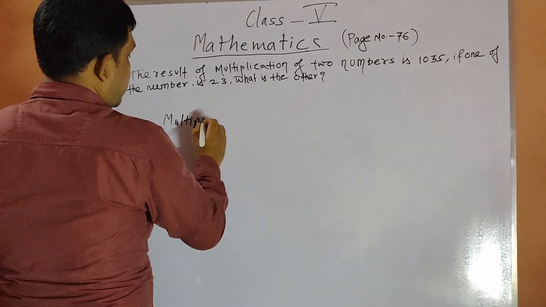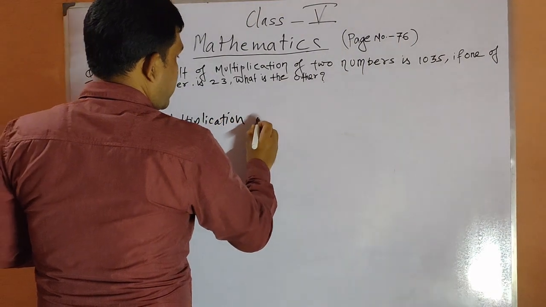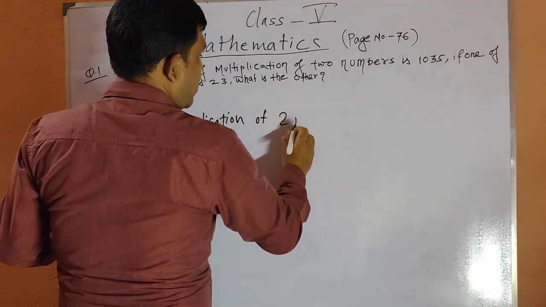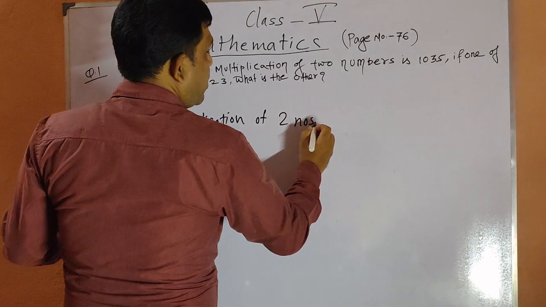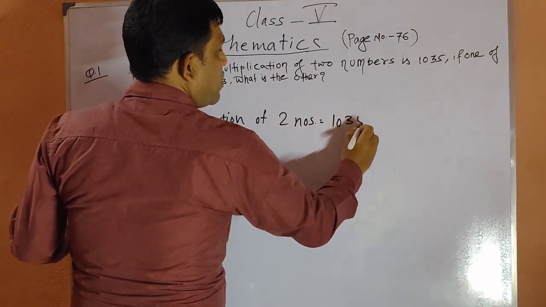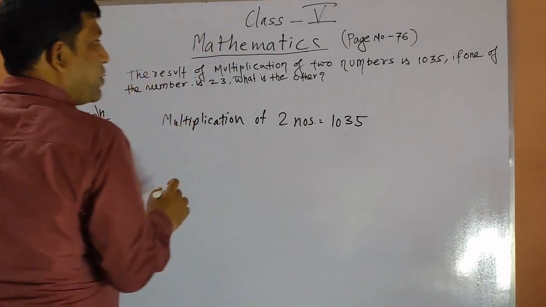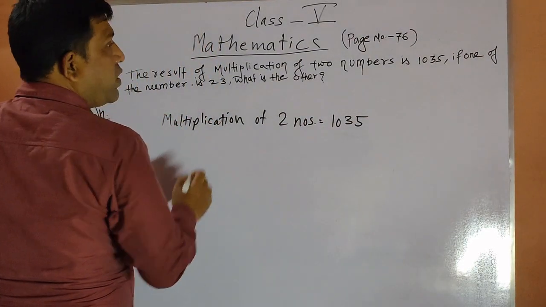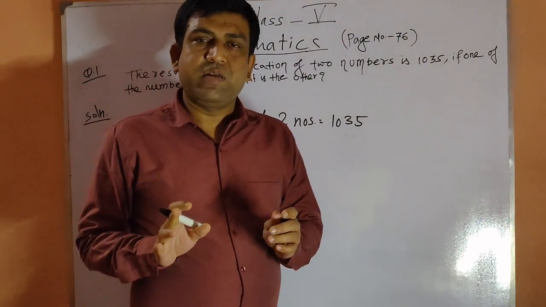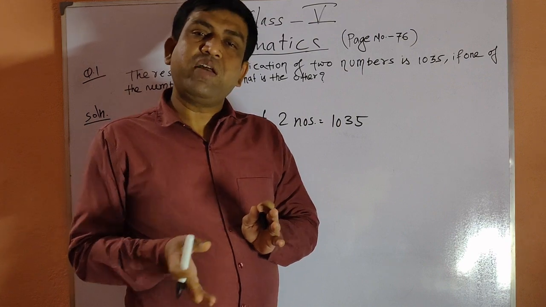Multiplication of two numbers is equal to 1035. If one number is given, that means here you have to divide, then you get the other number.